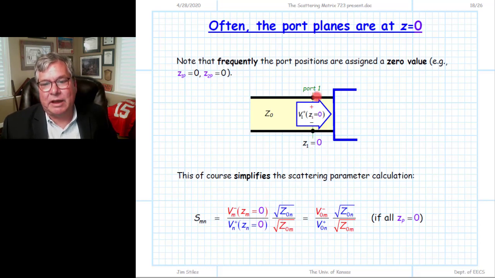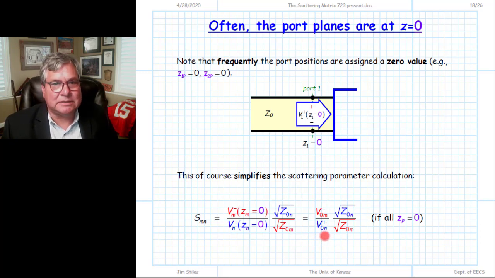If we do, though, have our port planes defined as the location on the index z equal to 0, then we find that our scattering parameters simplify somewhat, because the value of the minus wave voltage at z equal to 0, by definition, is the complex wave amplitude V0 minus. The value of the incident wave, the plus wave, at z equal to 0 is, again by definition, the complex wave amplitude V0 plus.